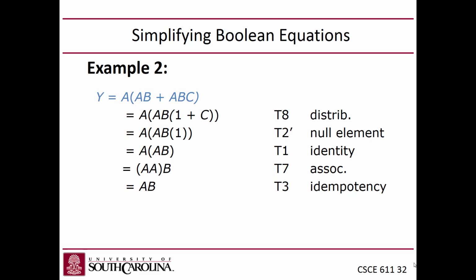So this drops out, and the 1 drops out when you AND it with A and B. It's just A and B. And then in this case, you use associativity to move the parentheses around, and A and A is equivalent to A. So this whole thing reduces down to A and B. You guys see that? Okay.